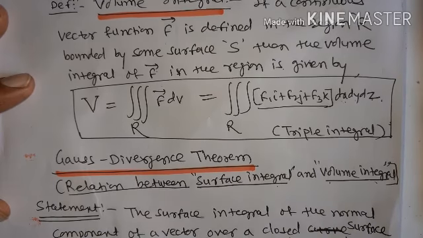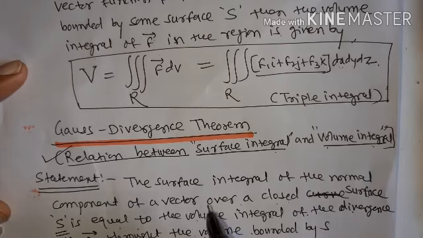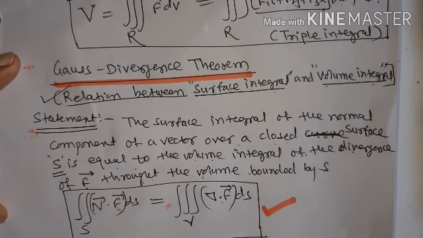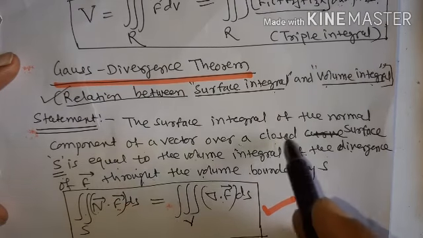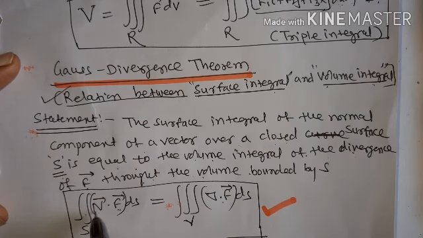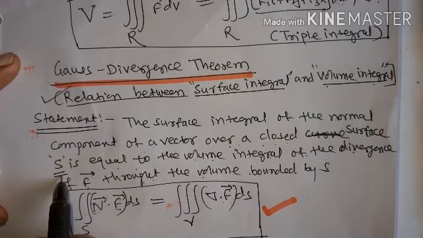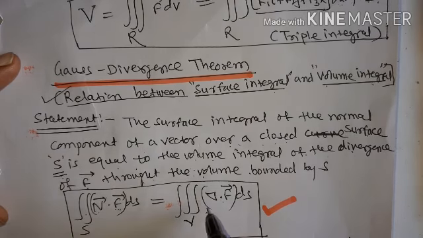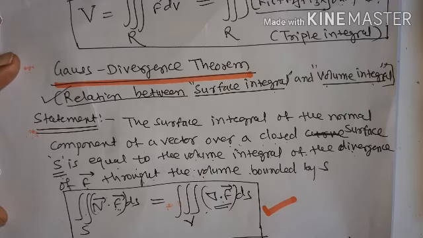Now the Gauss divergence theorem we have defined. What is the Gauss divergence theorem? It gives a relation between surface integral and volume integral. The statement of the theorem is: the surface integral of the normal component, means n bar dot f bar, of a vector function over a closed surface S is equal to the volume integral, means triple integral, of the divergence of f bar, means del dot f bar, with respect to V. This integral you have to evaluate.